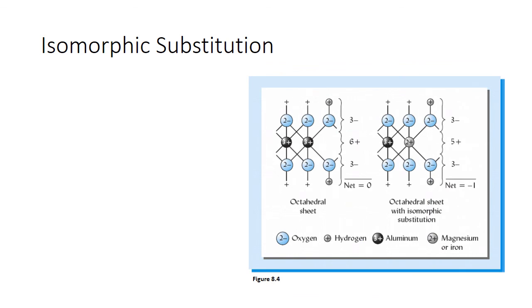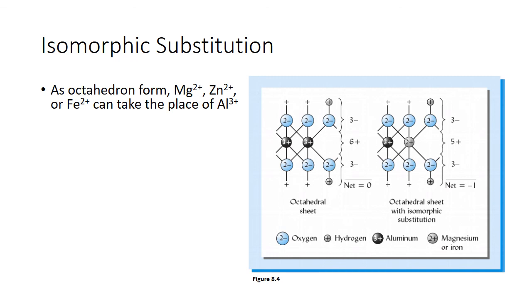Much of the charge that occurs in these phyllosilicate clays comes from what we call isomorphic substitution. So as an octahedron forms, we can have magnesium and zinc that can take the place of Al3+ at the center of the octahedron. And that ends up having one negative charge that's unbalanced.